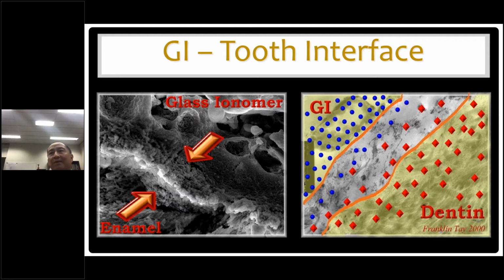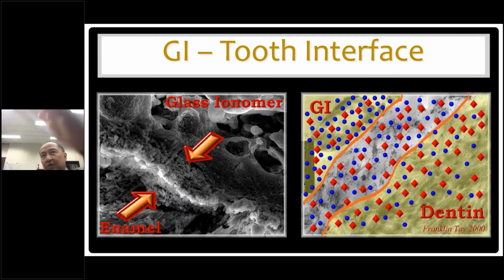So calcium and phosphate will come across into the glass ionomer cement, strontium and aluminum go across onto the tooth, and the pH neutralizes the whole thing, and they settle down where they are to create that chemical hybrid between glass ionomer cement and tooth. That's the chemical hybridization of the interface.